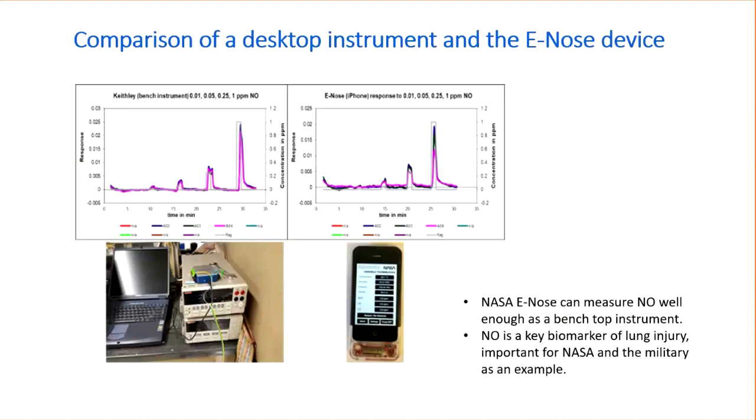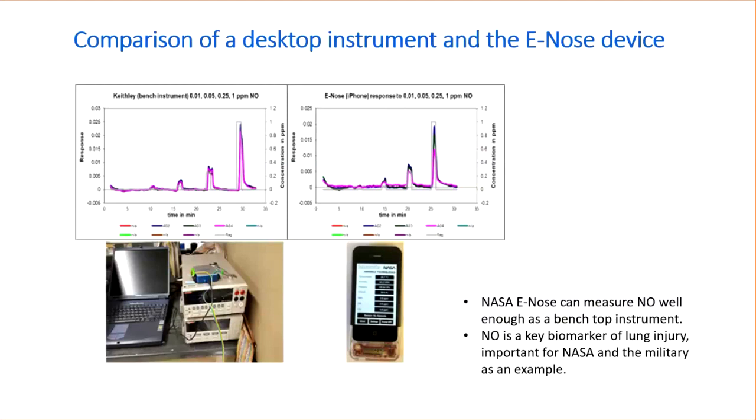So here we show the sensor response to nitric oxide measured by expensive desktop instruments on the left side, and then the same concentration of nitric oxide measured by our eNose device. You can see that we miniaturized our electronics to make the sensor array device show almost similar performance in terms of detecting parts per billion concentrations of nitric oxide.